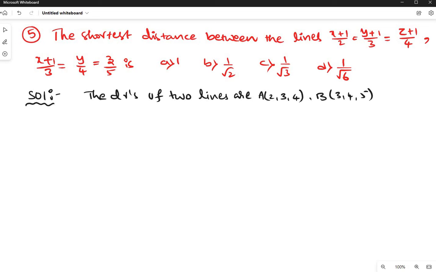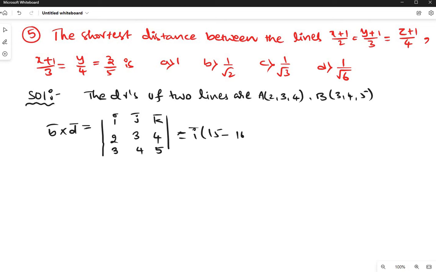Now we have to find b bar cross d bar, which is the determinant with i bar, j bar, k bar, then 2, 3, 4 and 3, 4, 5. So this is i bar into (3 into 5 is 15, minus 16), minus j bar into (2 into 5 is 10, minus 3 into 4 is 12, so 10 minus 12), plus k bar into (2 into 4 is 8, minus 9).